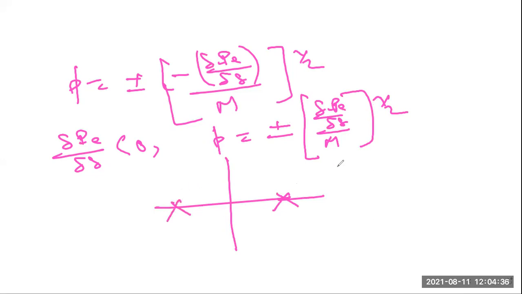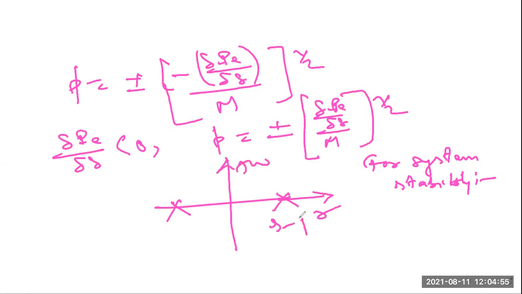Now we know for system stability, the roots should lie on the left hand side of the S plane. This is your sigma, this is your j omega, this is your S plane. So roots will lie in the left half of the S plane.